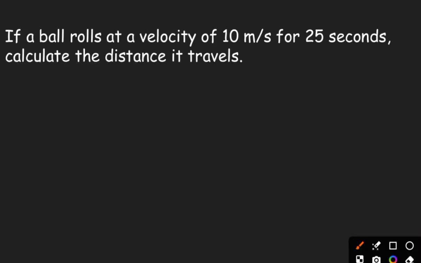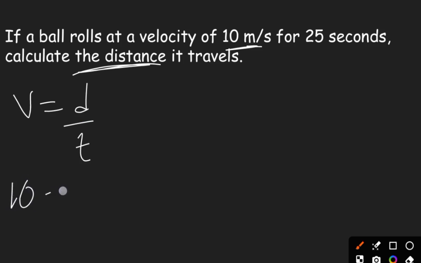The ball rolls at a velocity of 10 meters per second for 25 seconds. Calculate the distance it travels. So you've been given the velocity. Now I always say write the information out. So you don't always think that you're finding velocity, because this question is asking you to calculate the distance. You know that velocity is distance or displacement over time. So your velocity is 10.